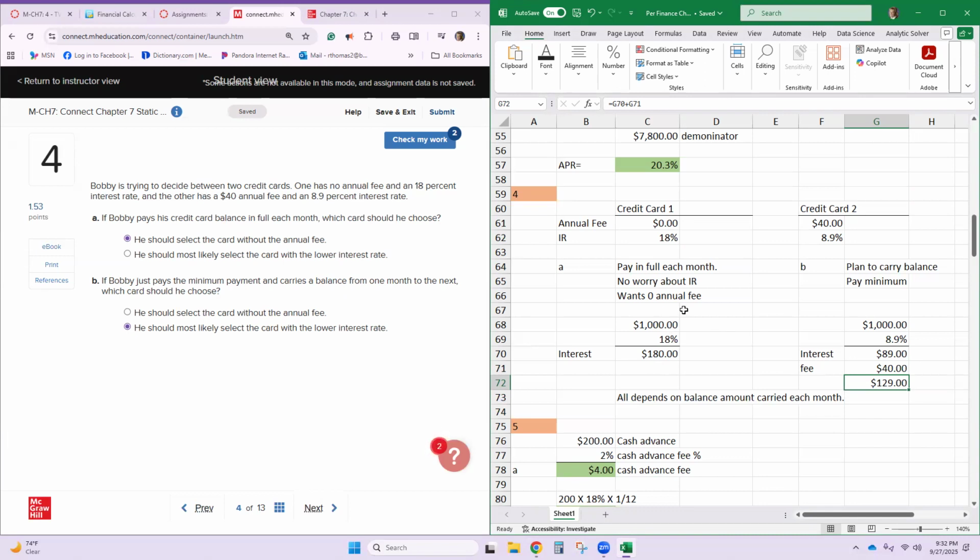So here's what this should go into. It should matter how much he's planning to carry, because now let me show you. Let's try 500. Okay, so 500, this is still the more expensive card, but it's getting closer. Now let's put 400 in. Okay, so now this is the lower expensive card, right?